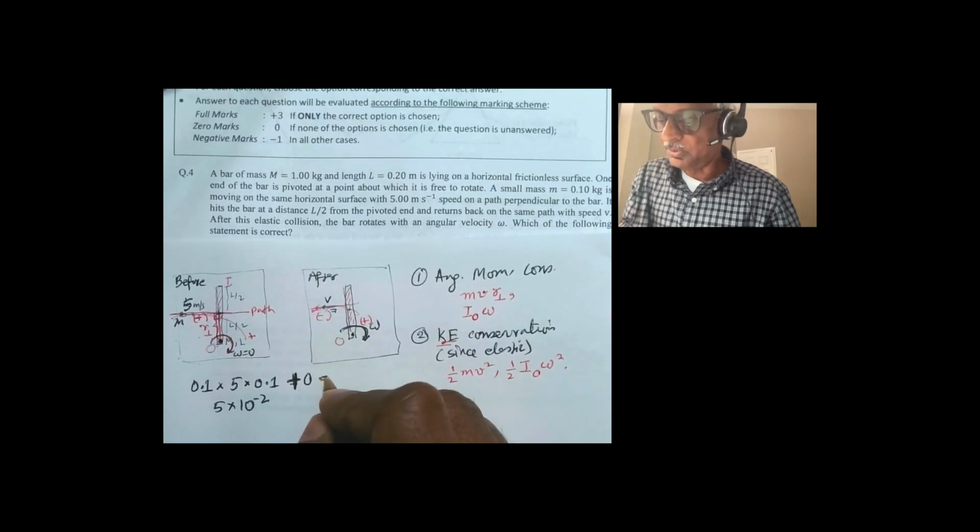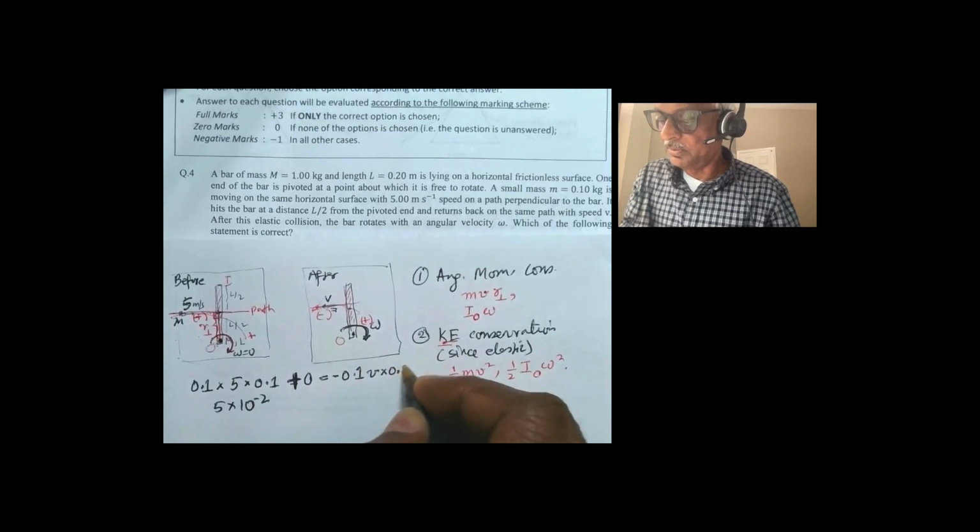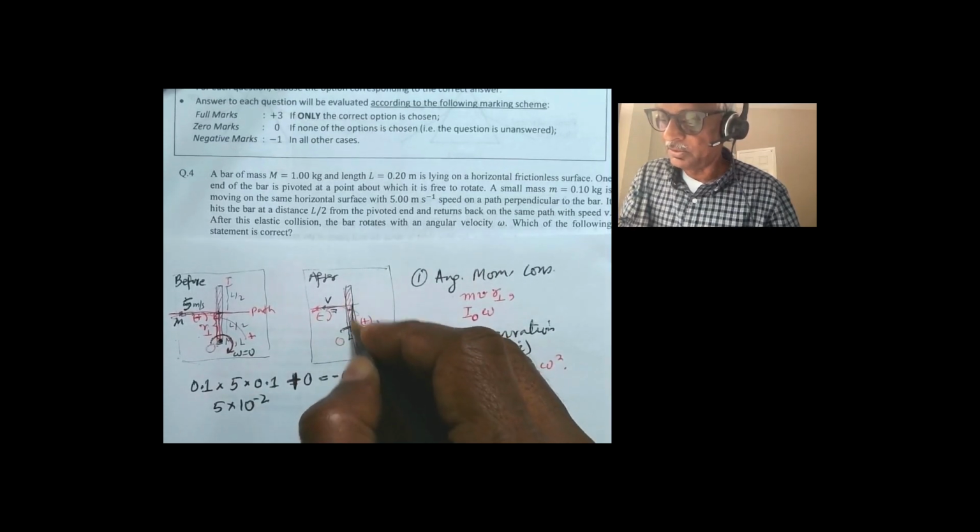That should equal, over here, minus 0.1 times the unknown speed, with the same distance, 0.1.